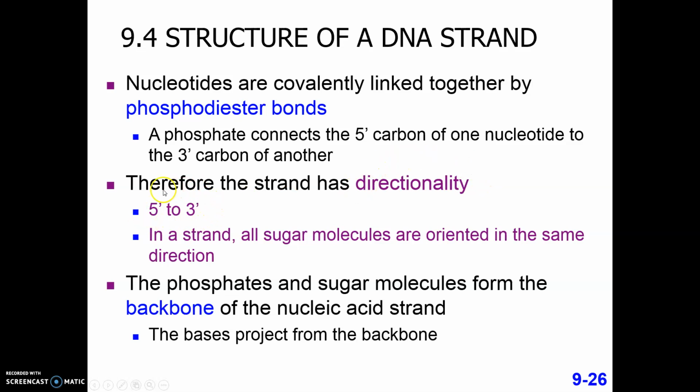And this directionality is usually stated as being 5' to 3' end, or carbon number 5 to carbon number 3. And the only thing we mean by this is the direction you would want to read the DNA. Just as if we're looking at an individual sentence, we read from left to right in English, in DNA, we read from the 5' end to the 3' end.